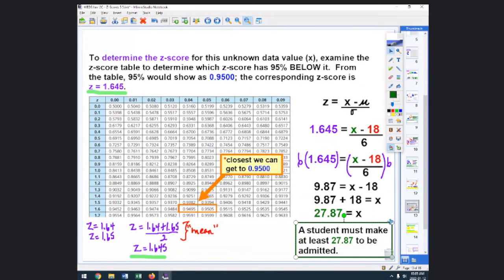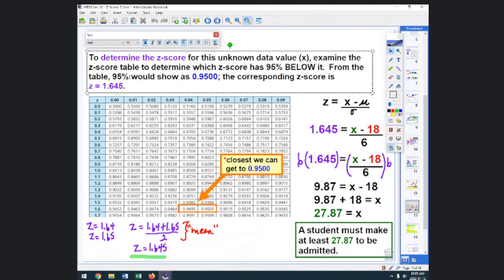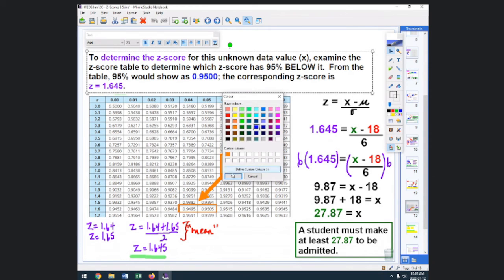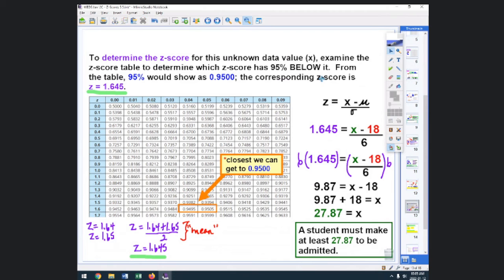I think so. Hope so. I like this example because what do we do if we can't get it exactly to be 95%? That's okay. But remember, 95% corresponds with 0.95, you have to make it the decimal because the table only shows you decimals. The table doesn't show you the percentage equivalent. You actually have to make it look like that. Okay.